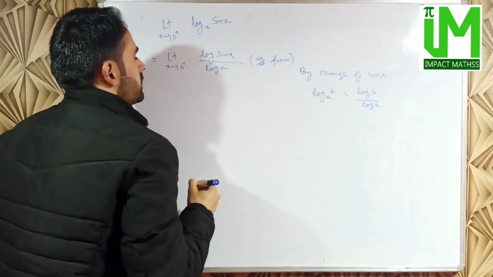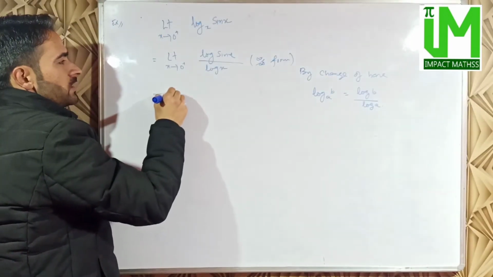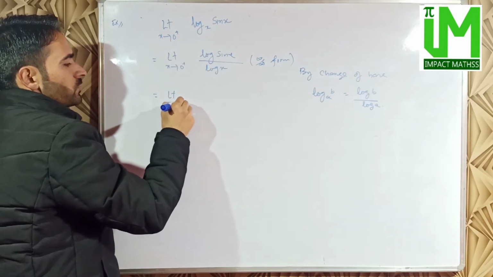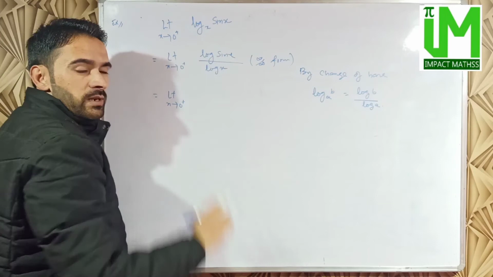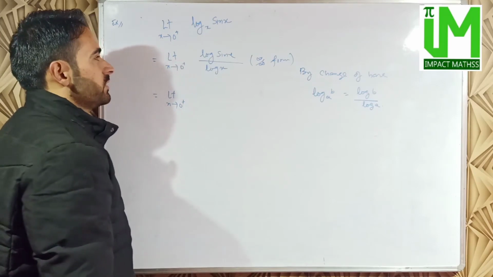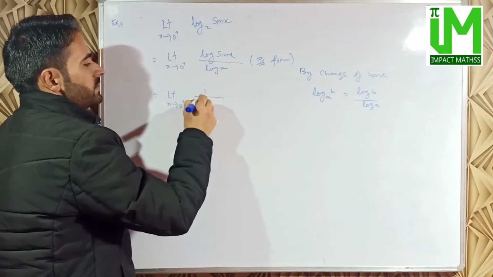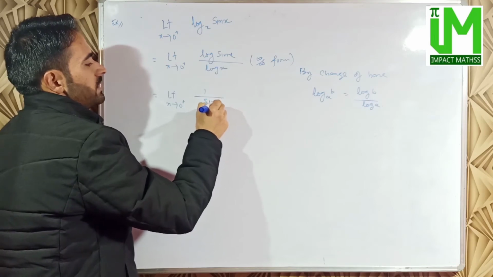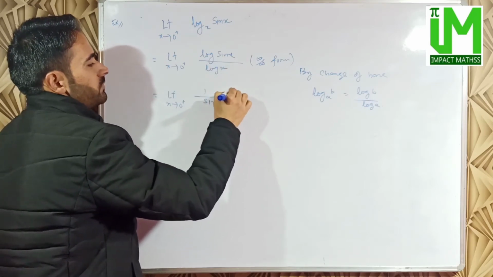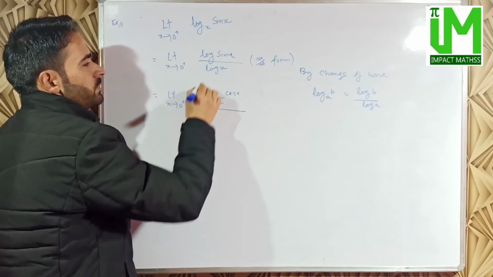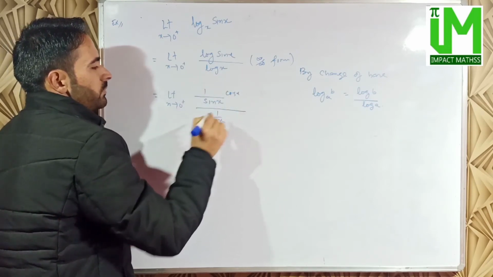So therefore by L'Hopital's rule, its limiting value will be limit x approaches 0 from the right, differentiation of the numerator divided by the derivative of the denominator. So the differentiation of log of sine x is 1 by sine x into the internal differentiation of sine x, so that will be cos x, divided by the differentiation of log x, 1 by x.